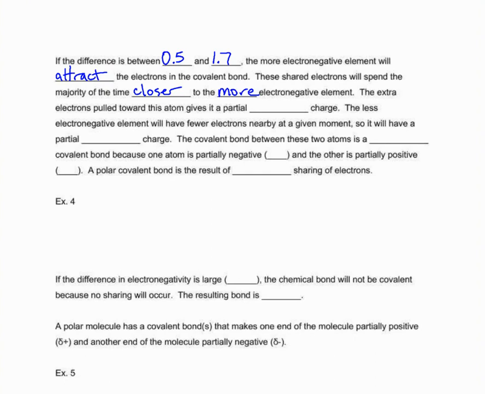And the electrons that are pulled towards this atom, the more electronegative, gives it a partial negative charge. Now, it's not a real negative charge. It didn't just take the electrons and keep them. But since they spend so much time over there and the electrons are negative, it makes that area a little bit negative. The less electronegative element will have fewer electrons at any given moment, so it will have a partial positive charge.